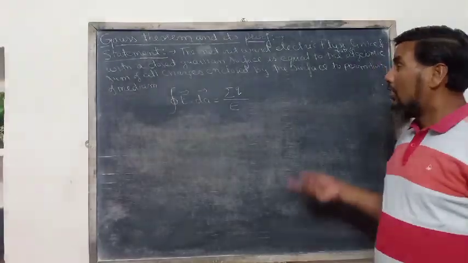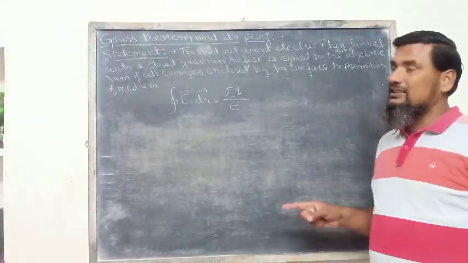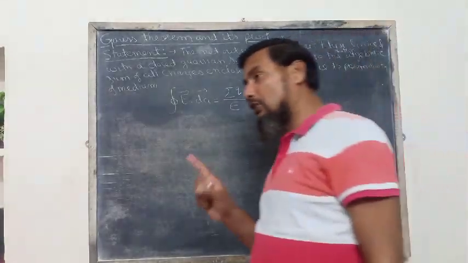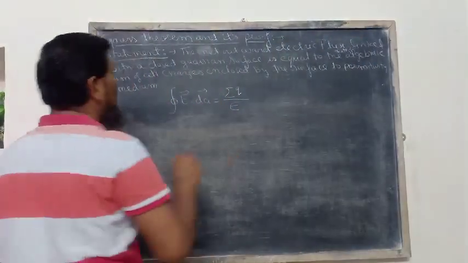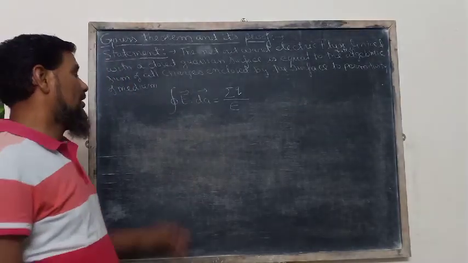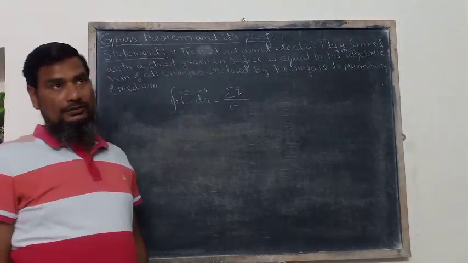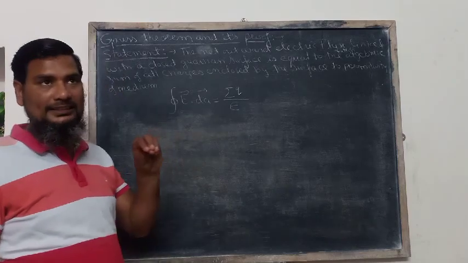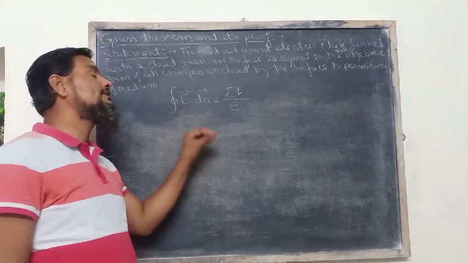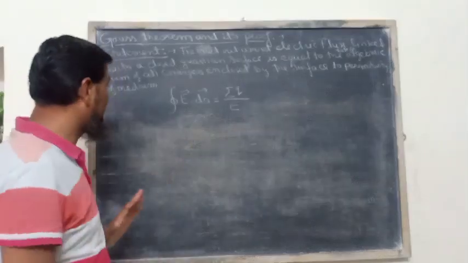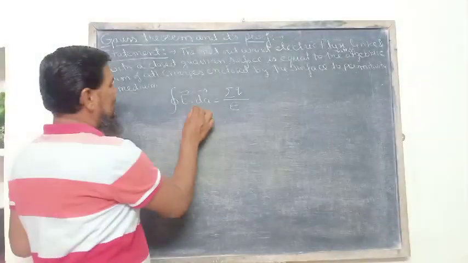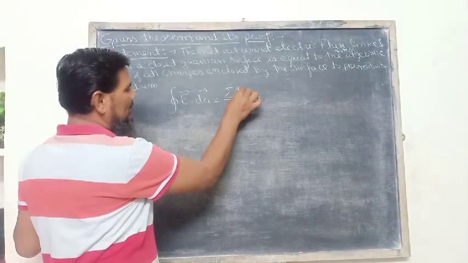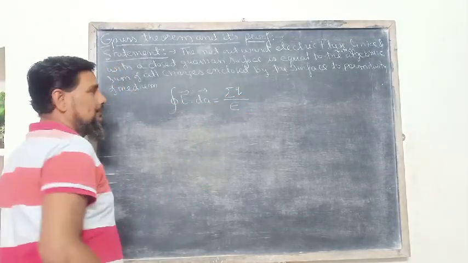That means all Gaussian surfaces are closed, but all closed surfaces are not Gaussian surfaces. Only those closed surfaces are Gaussian surfaces that have equal electric field intensity at every point. Mathematically it is expressed like this: integral E dot dA is equal to summation Q upon epsilon naught.